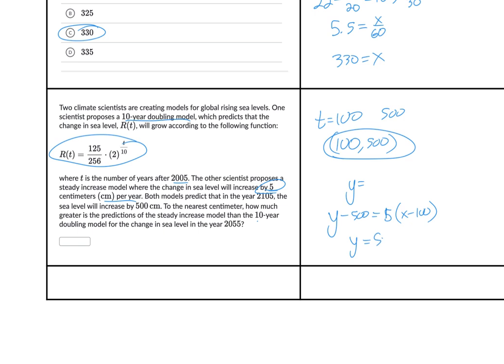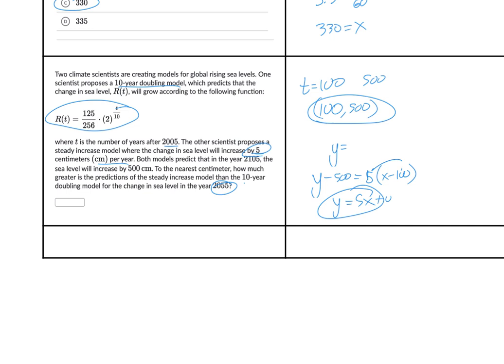So y equals 5x, so it just states y equals 5x. So now in 2055, after 50 years, y equals 5 times 50, the linear model says that we should have 250 centimeter increase.